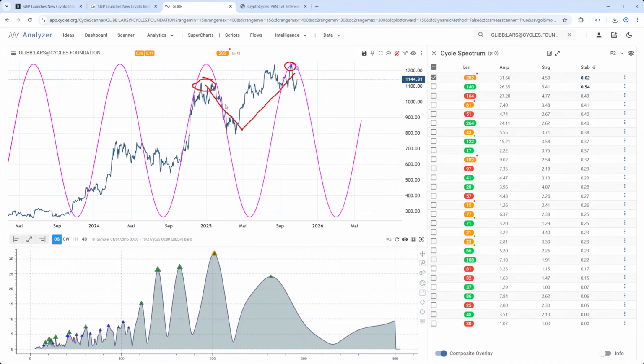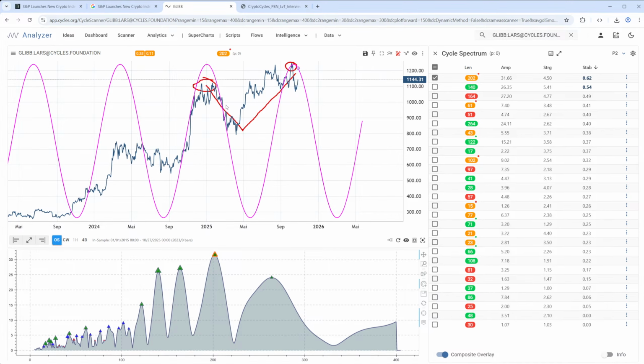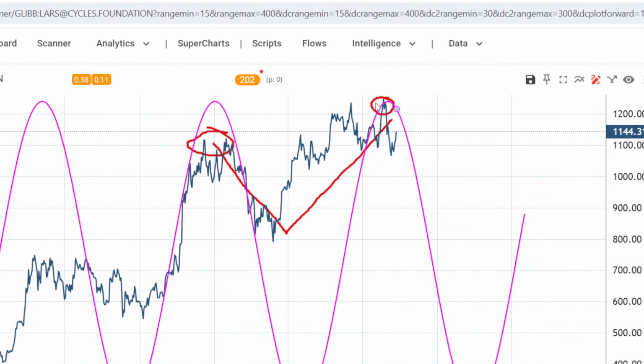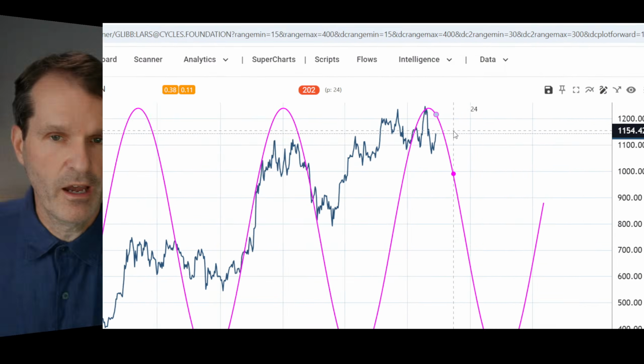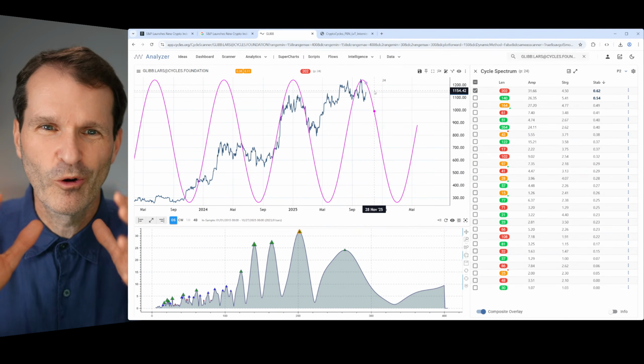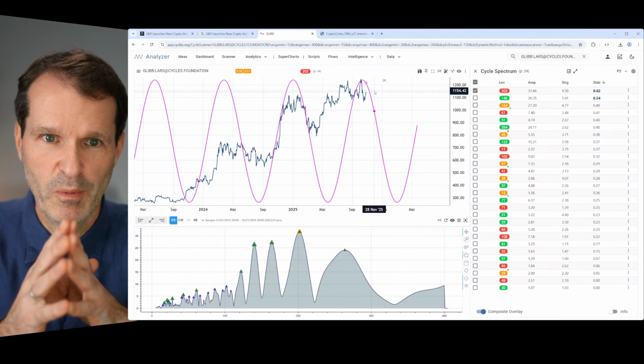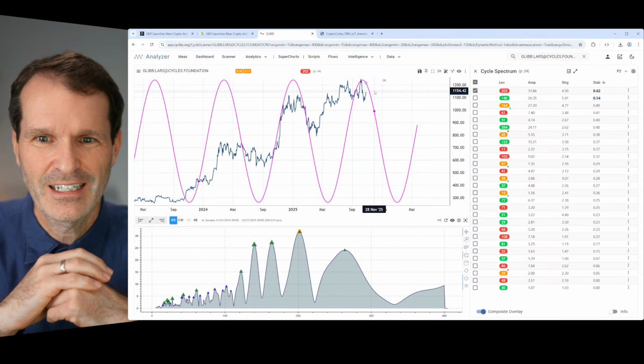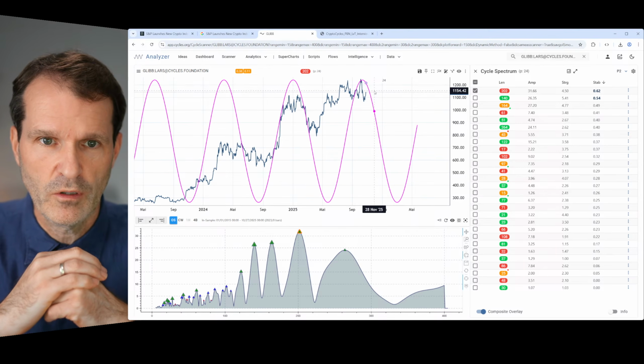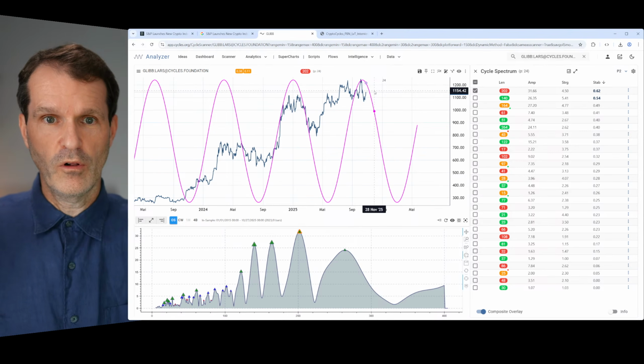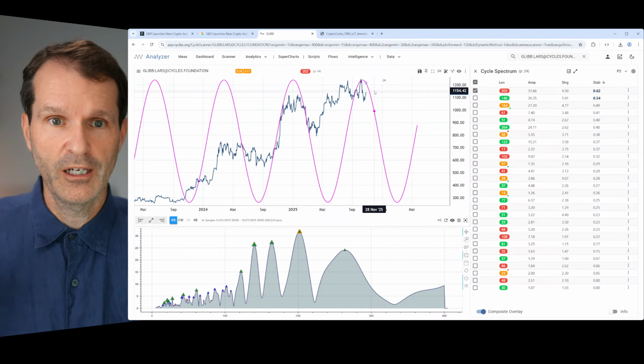So, and I want to highlight that we are currently sitting at another major top of this short-term cycle, right? So we always need to be aware that this is from a global liquidity perspective, that 200-day cycle is a short-term cycle we are monitoring here in the overall perspective on global liquidity.